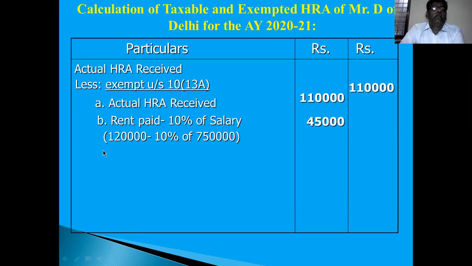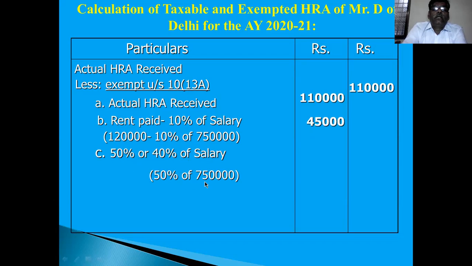Then third point is 50% or 40% of salary. In this case, you have to take 50% of salary because he is living in Delhi. His residence is in Delhi. 50% of 7,50,000 is 3,75,000. Least of the three is exempted.